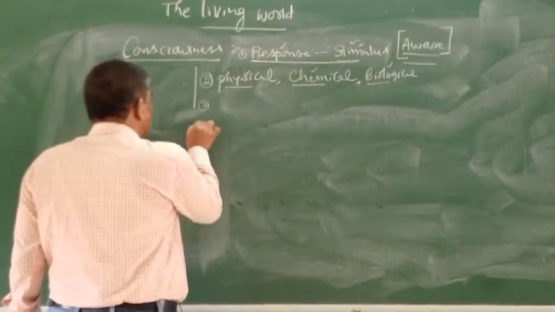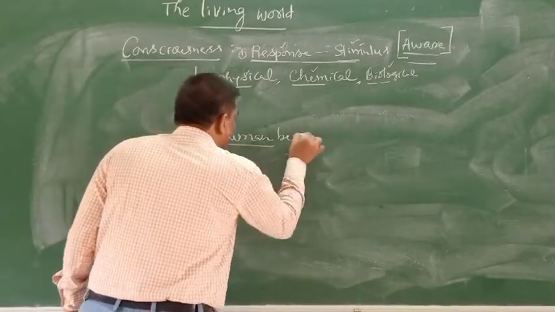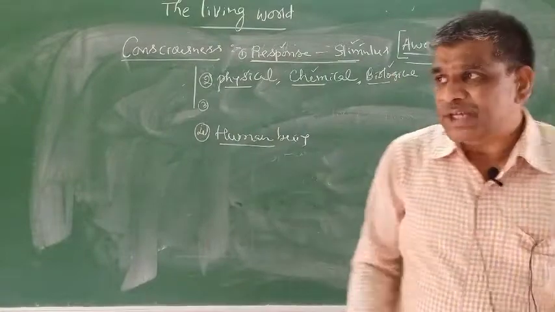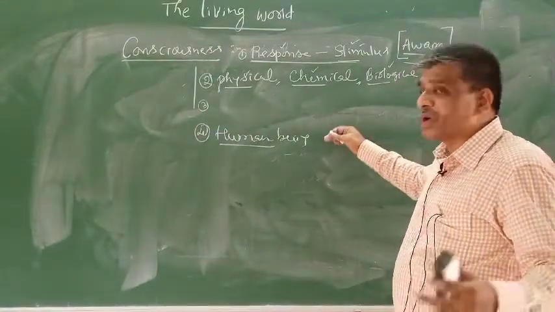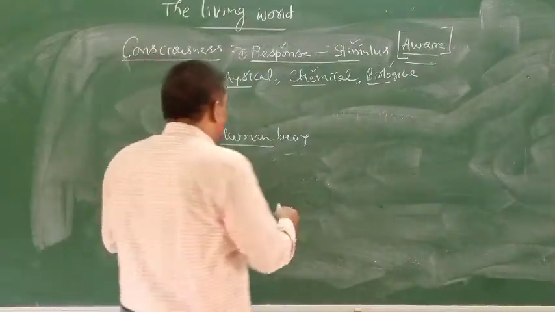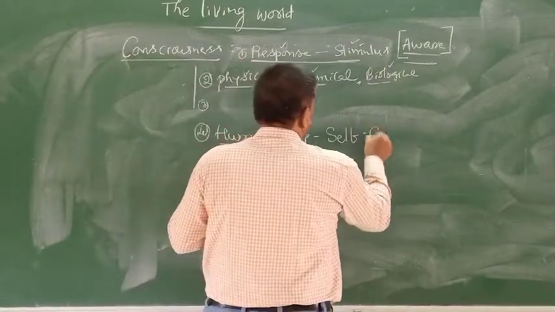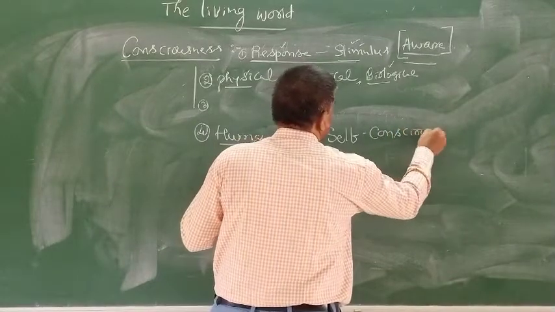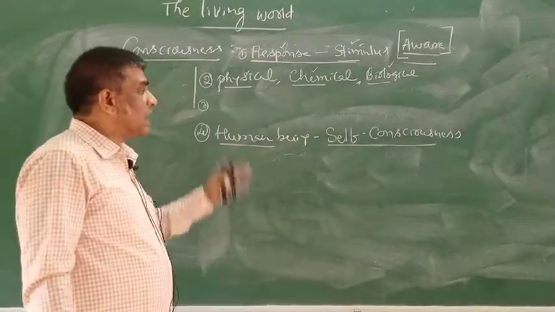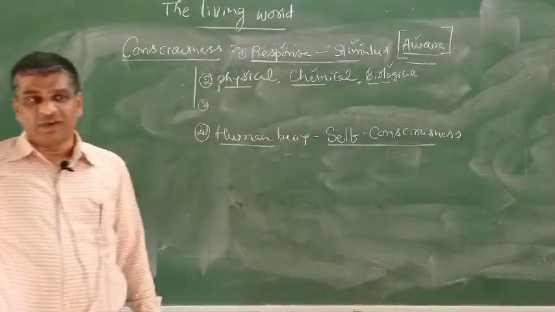In addition to this, when we think of a human being, is he aware of his environment or not? Definitely he is also a living thing, he is aware of his surrounding or his environment, and he has still an additional, extra property: he has not only consciousness, he has self-consciousness. A human being has self-consciousness, or is aware of himself. He is not only aware of the environment, he is aware of himself also.